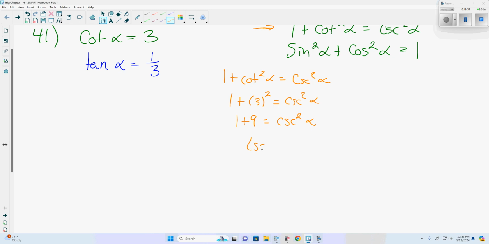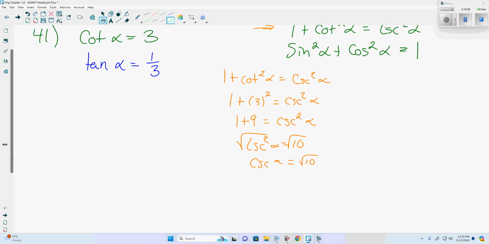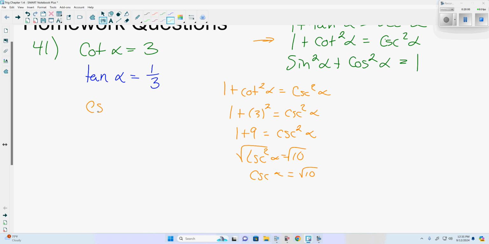So our CSC squared of alpha is just going to be the square root of 10. And we can do those simplifications with the radicals in the 30xs. So we have CSC of alpha is the square root of 10. Sine of alpha is 1 over the square root of 10.